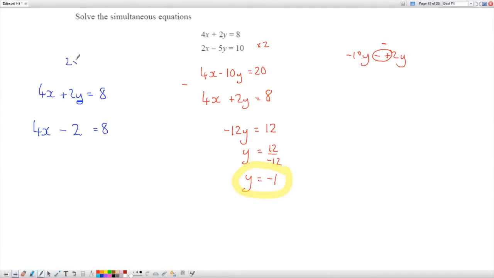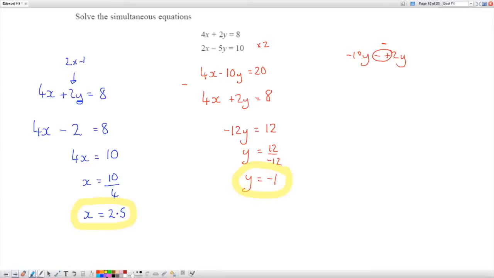Here we have 2 times minus 1 for our 2y, giving us our negative 2. Solving by adding 2, we have 4x equals 10. So x equals 10 divided by 4, which is 2.5. So here we have now our second value, x being equal to 2.5.